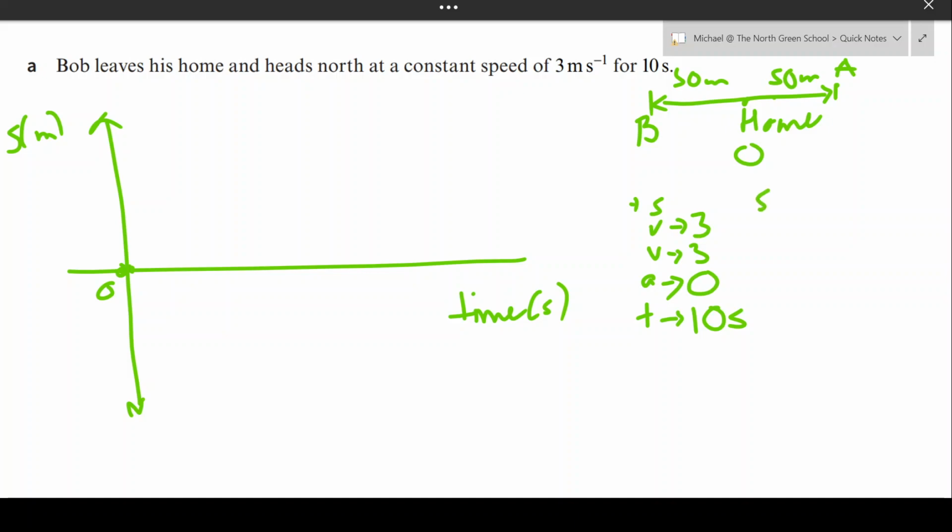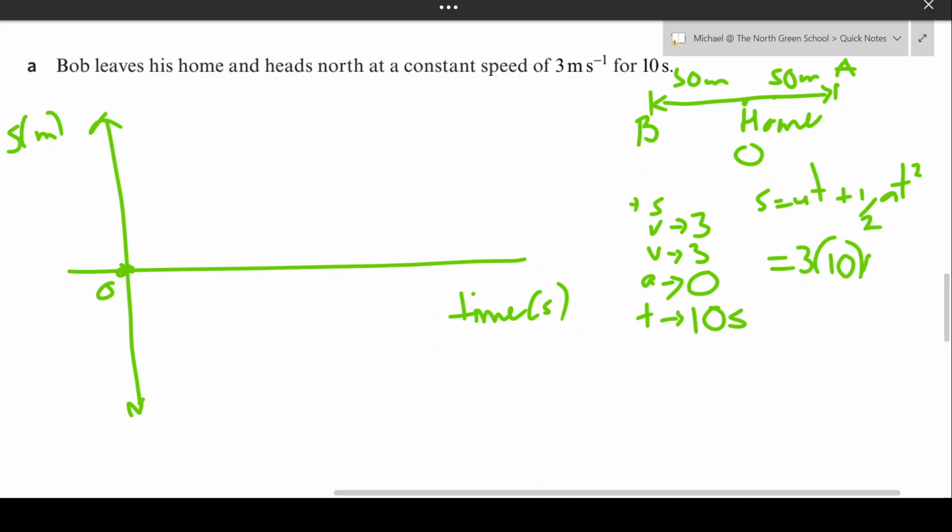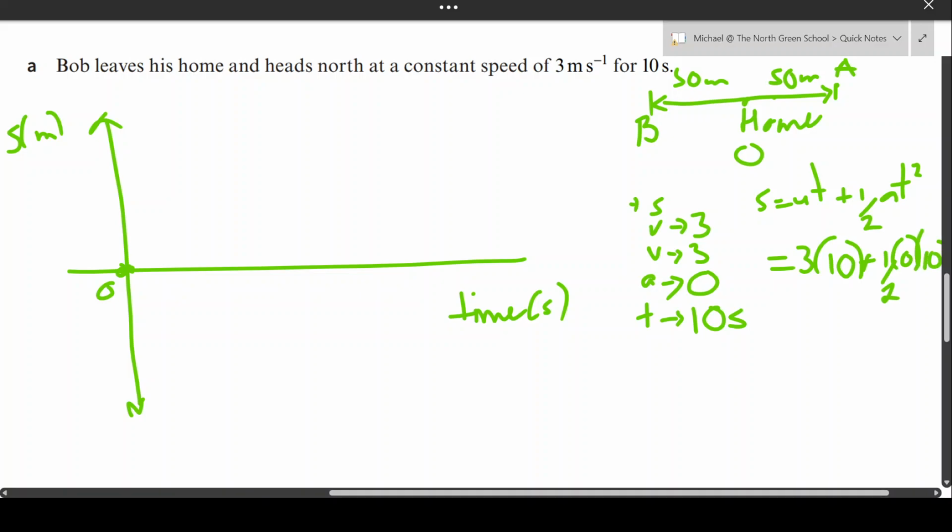I think we can use s equals ut plus a half at squared. So that will be u is 3, t is 10, plus a half times acceleration is 0 times the time is 10 squared.